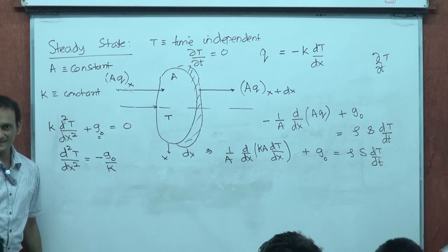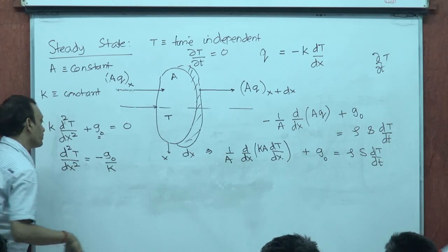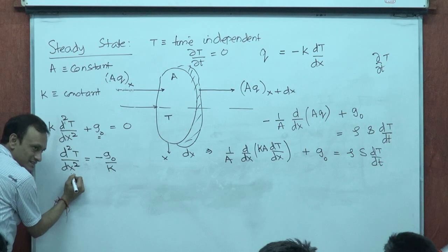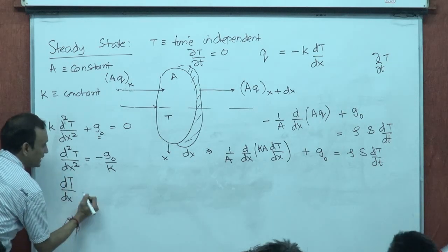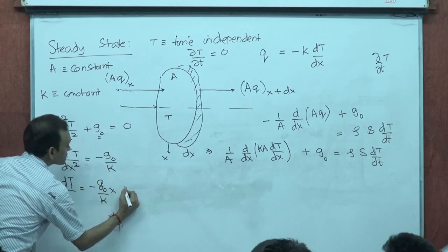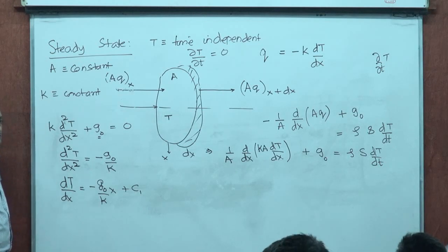G naught is an internal heat generation function. If I integrate once, I get dT/dx equals minus g naught by K into x plus a constant of integration.